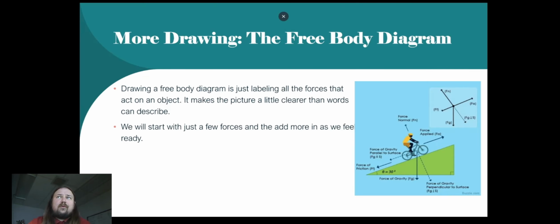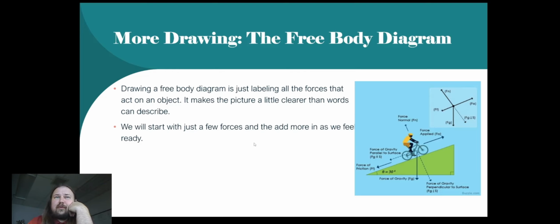We'll be covering how to do these force problems, how to work with them, and the first thing we usually do is do a drawing, right? So here we have the free body diagram. It's just more drawing. It's what we're going to do for the problem so that we can keep everything in order, see where everything is at, keep track of all of our forces, because there's actually quite a few forces.